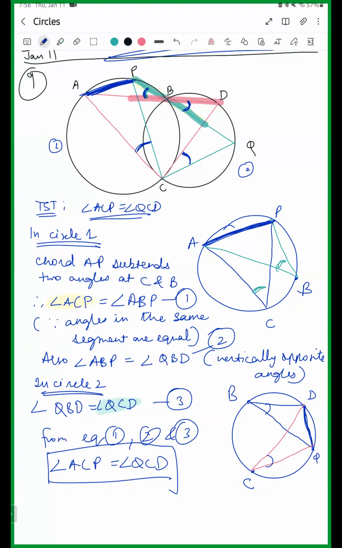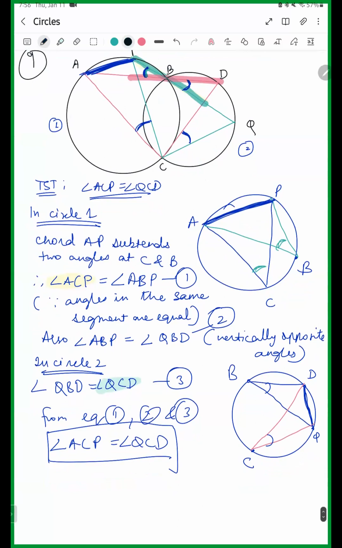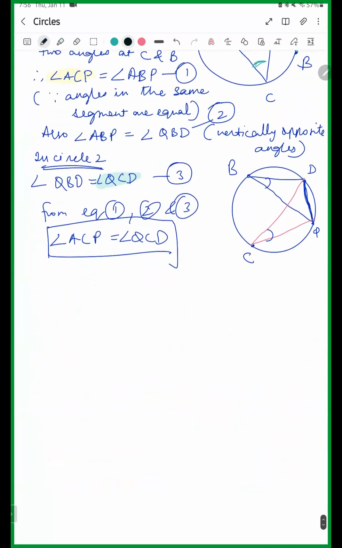Okay, so I hope you've done writing this. Next, question number 10. If circles are drawn taking two sides of a triangle as diameters, then prove that the point of intersection of these circles lies on the third side.